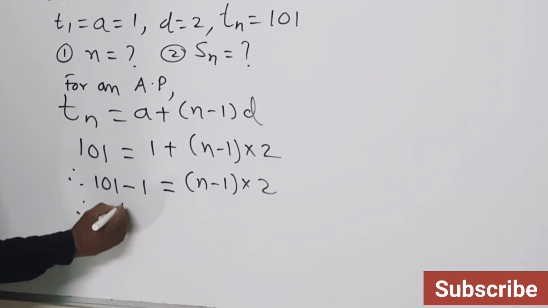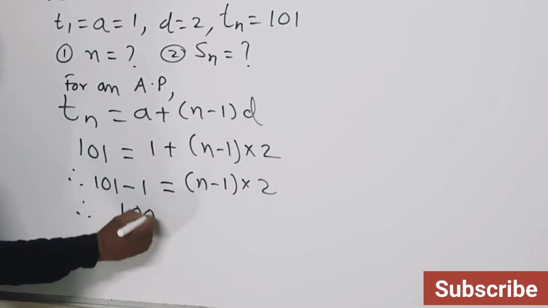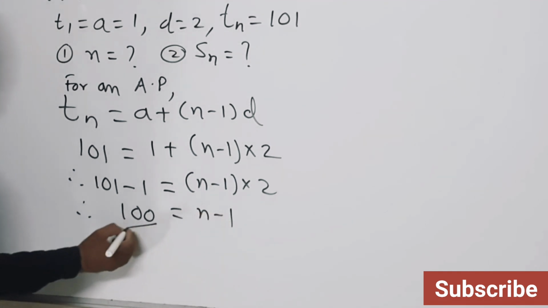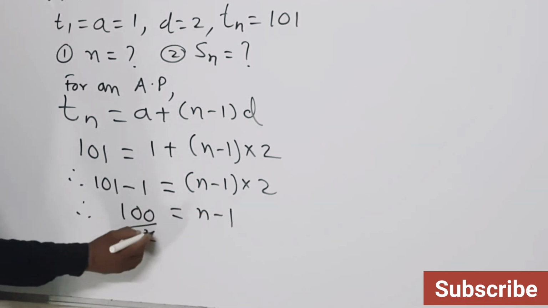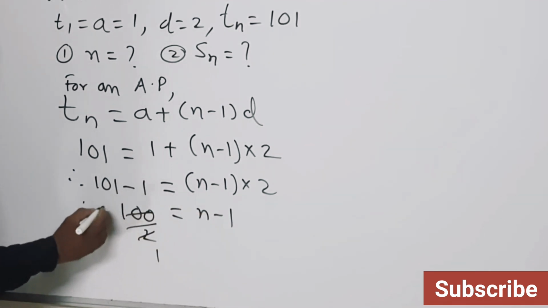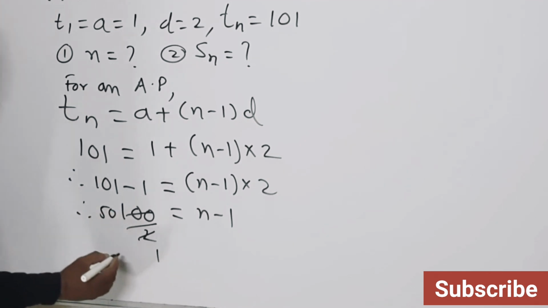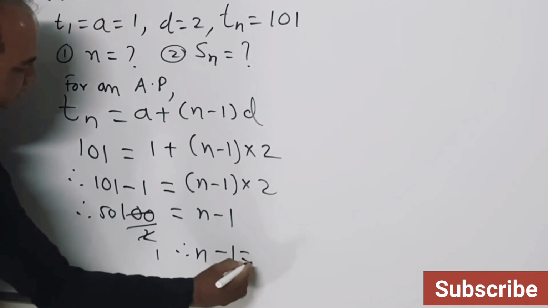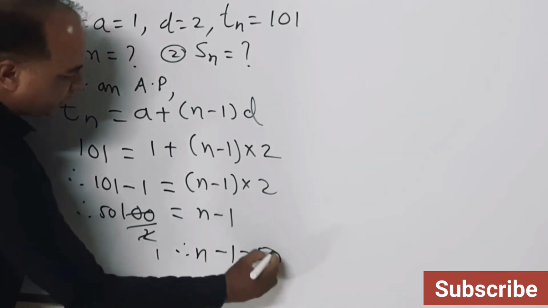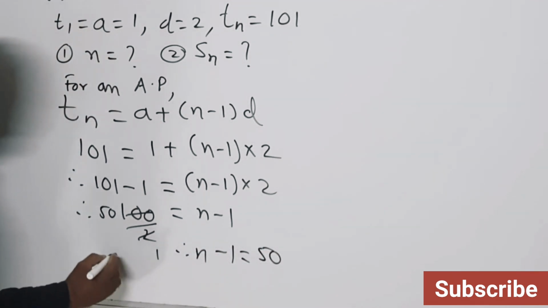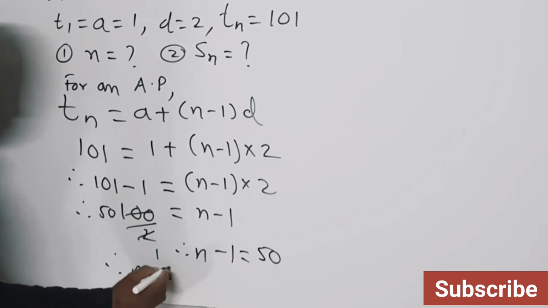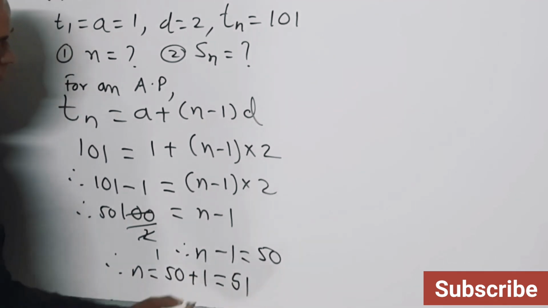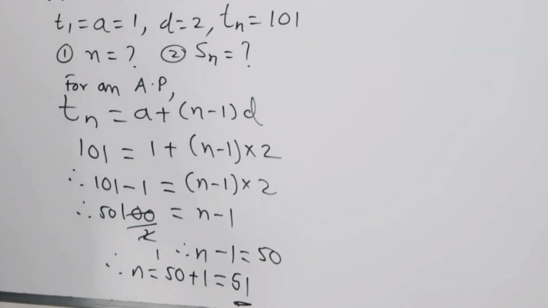Therefore, 101 minus 1 is 100 is equal to n minus 1 into 2, it will get divided. 2 1s are 2, 2 5s are 10, 50. Therefore, n minus 1 is equal to 50. Therefore, n is equal to 50 plus 1, which is equal to 51. N is equal to 51.